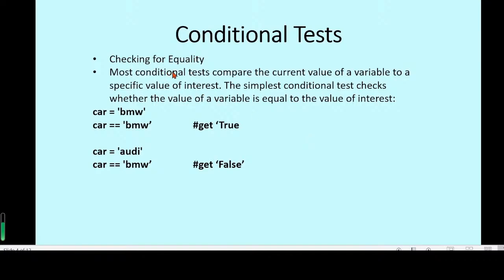So checking for equality. Most conditional tests compare the current value of a variable to a specific value of interest. The simplest conditional test checks whether the value of a variable is equal to the value of interest. So if the value is BMW, then we check car equals BMW, then get true. And if the value is Audi, and we check if car equals BMW, then we'll get false.